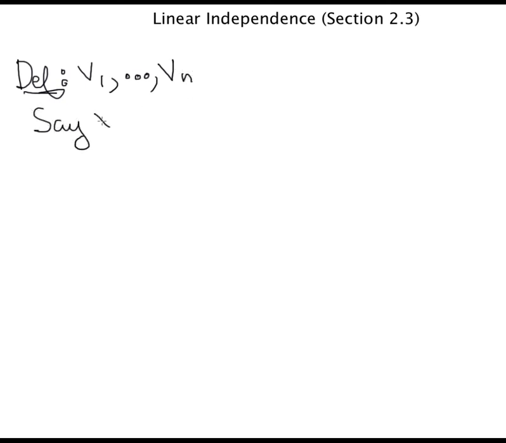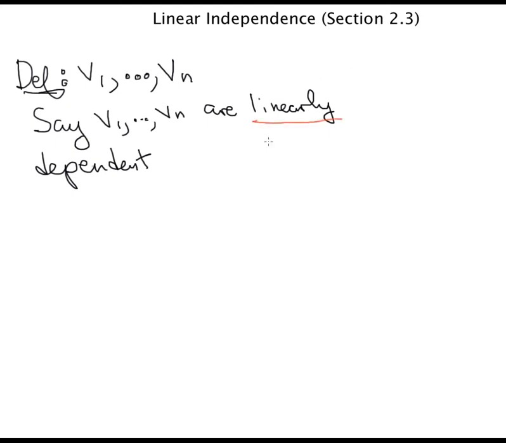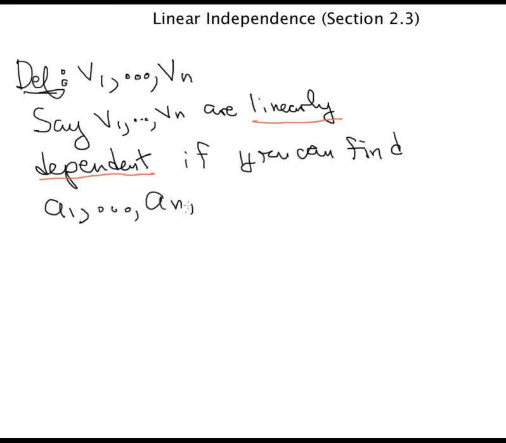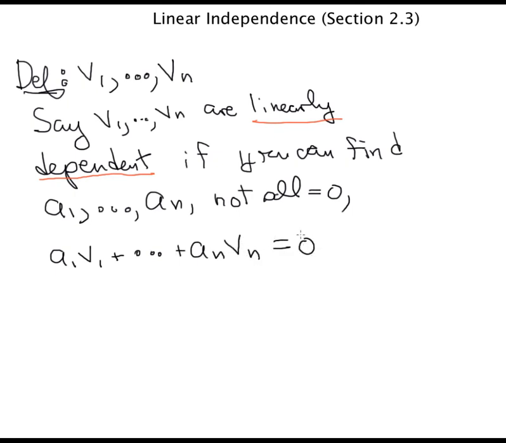You say that these vectors v1 through vn are linearly dependent if you can find a bunch of numbers a1 through an, not all equal to 0, such that a1 v1 plus up to an vn is equal to the 0 vector.